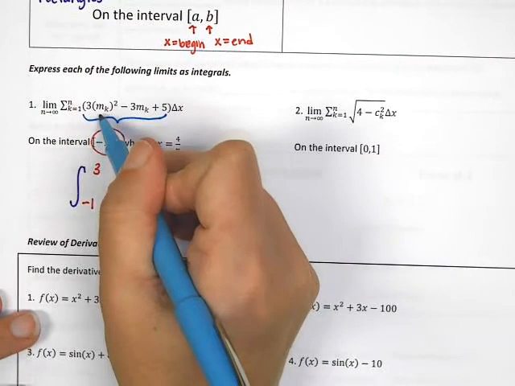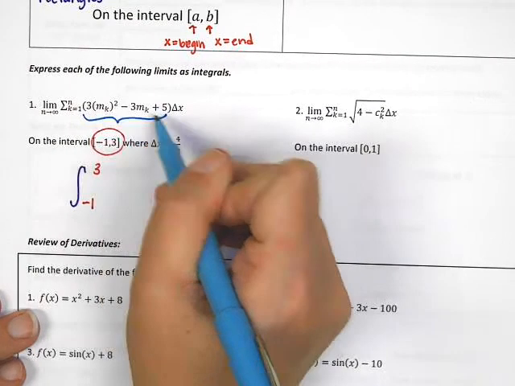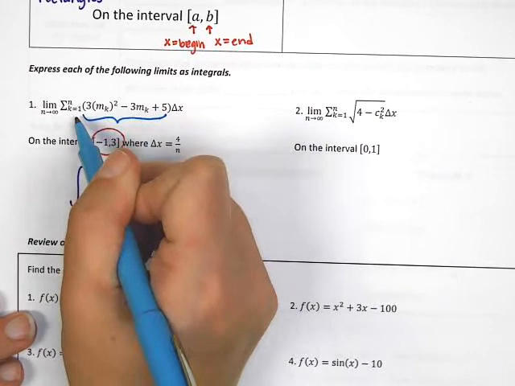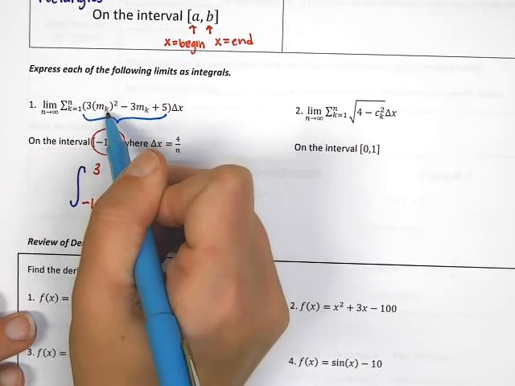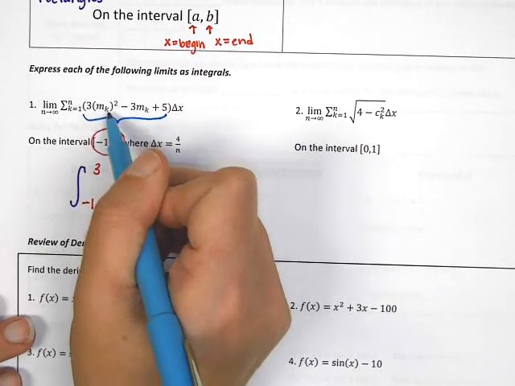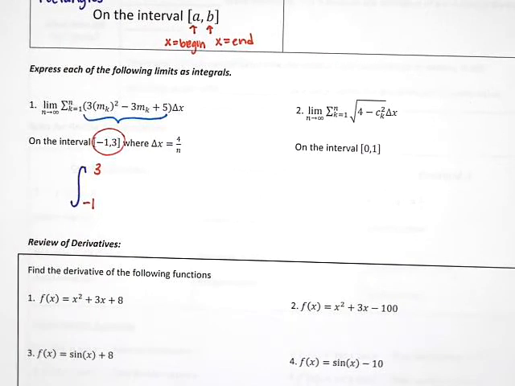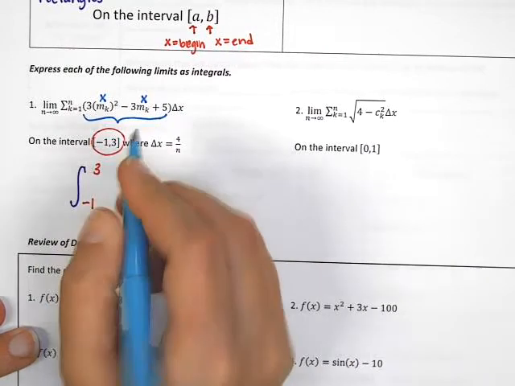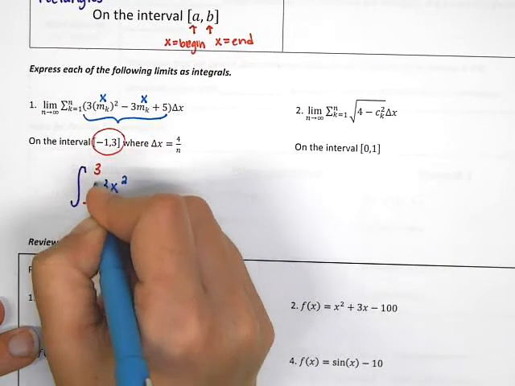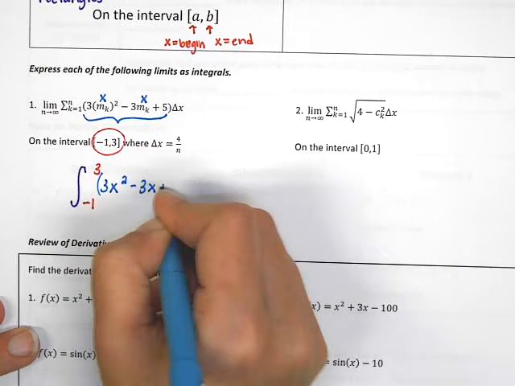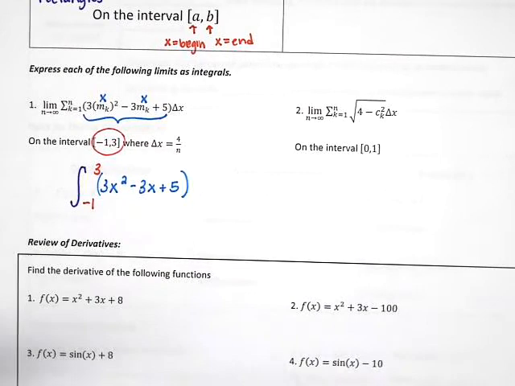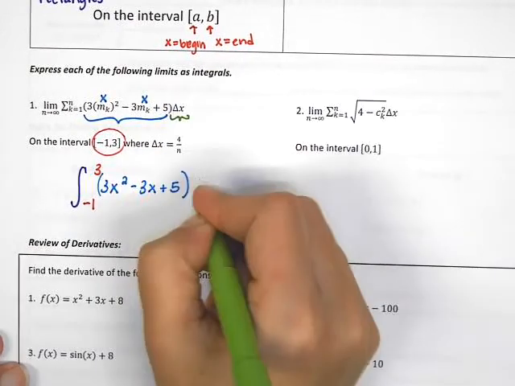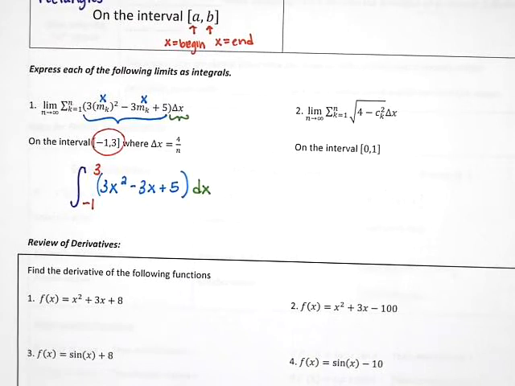In this notation, instead of using x's, we use m sub k's or c sub k's because what we do is we say, like, this is the midpoint of the first rectangle. This is the midpoint of the second rectangle. We're adding up a certain number of them, so we have to represent it without an x. But when we write an integral, we are able to just use an x. So all of these m sub k's are going to become x's in our new notation. So we're going to have 3x squared minus 3x plus 5. And then instead of a delta x, we're going to fill in a dx to our new notation.